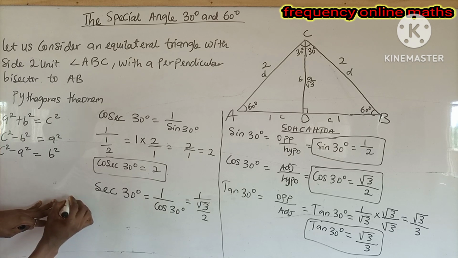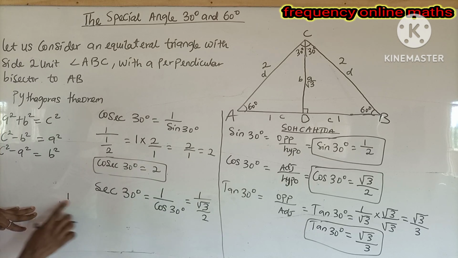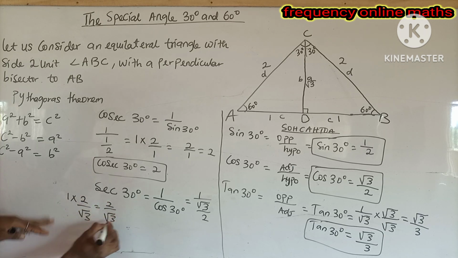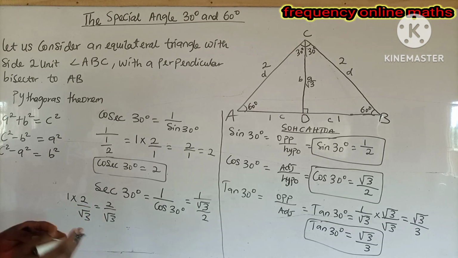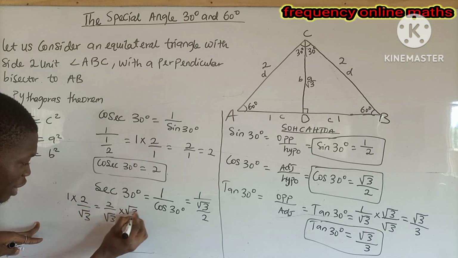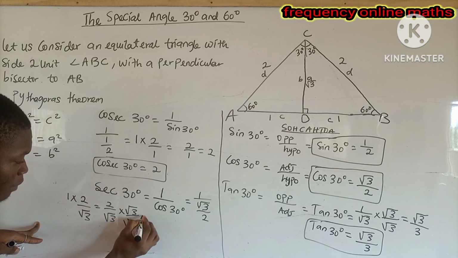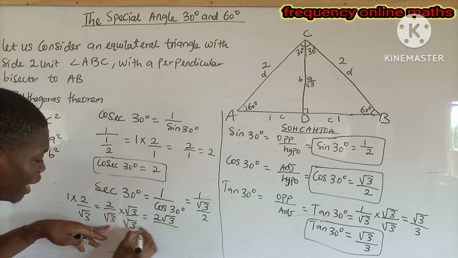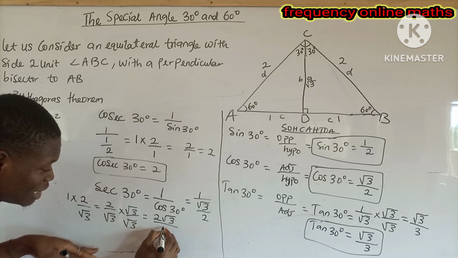Which will be 1 times 2 over root 3, which is 2 over root 3. You cannot leave it like this. We need to rationalize. So times root 3 over root 3. So 2 times root 3 is 2 root 3 over root 3 times root 3, which is 3.